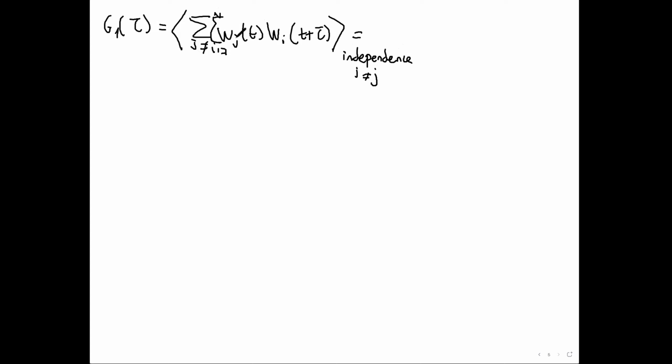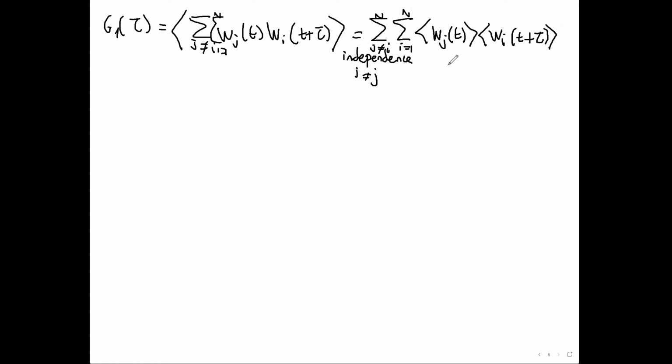Because of this, we can break this average and write it like this: sum j distinct to i up to n, sum i equals 1 to n of the average of Wj(t) times the average of Wi(t plus tau). Okay, we can write it like this. They are independent. The average of a product is the product of the averages.